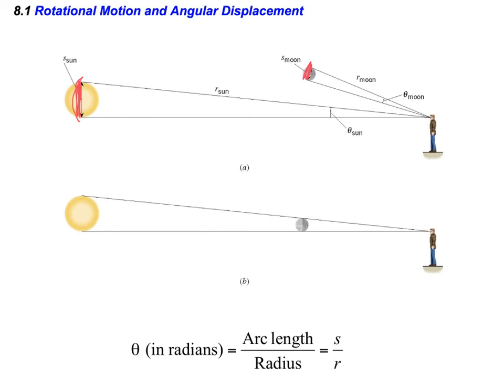Now, we're told that the diameter of the sun is 400 times greater than the diameter of the moon. So that means that the arc length of the sun is going to be 400 times greater than the arc length of the moon.